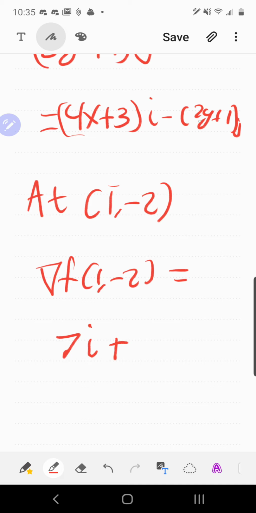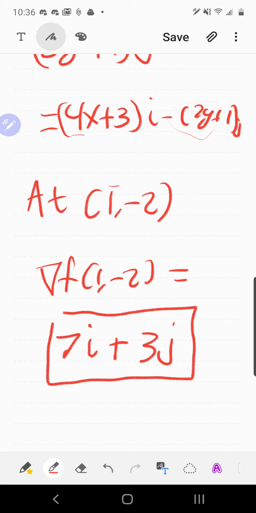And now negative 2 times -2 plus 1. That's going to be negative, positive 4 plus 1, negative 4 minus 1. Distribute our negative sign, it's going to be a positive 3j. That is the direction of the line passing through those specific points. And this is most directly correlating to answer choice B on your problem.